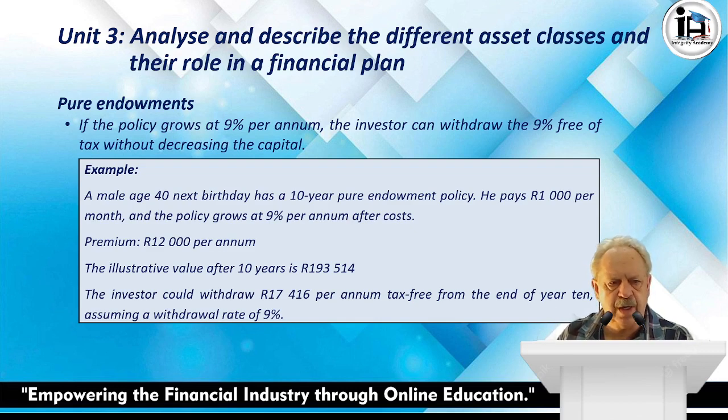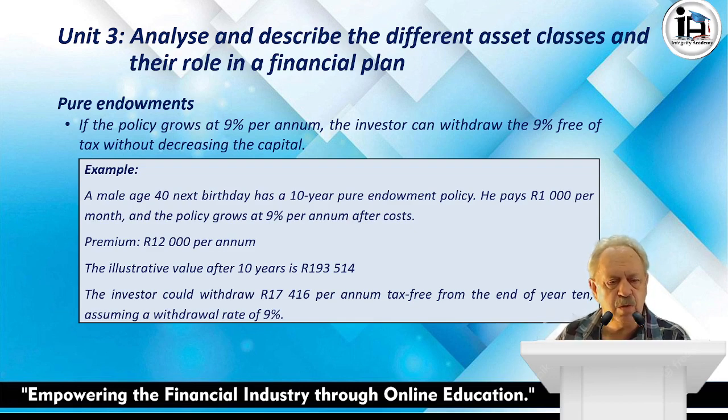He pays 1,000 Rand per month and the policy grows at, let's say, 9% per annum after costs. His premium is obviously 1,000 per month times 12, which is 12,000 per annum. The illustrative value after 10 years in this policy will then be 193,514. That's now taken at a 9% growth over the 10 years.